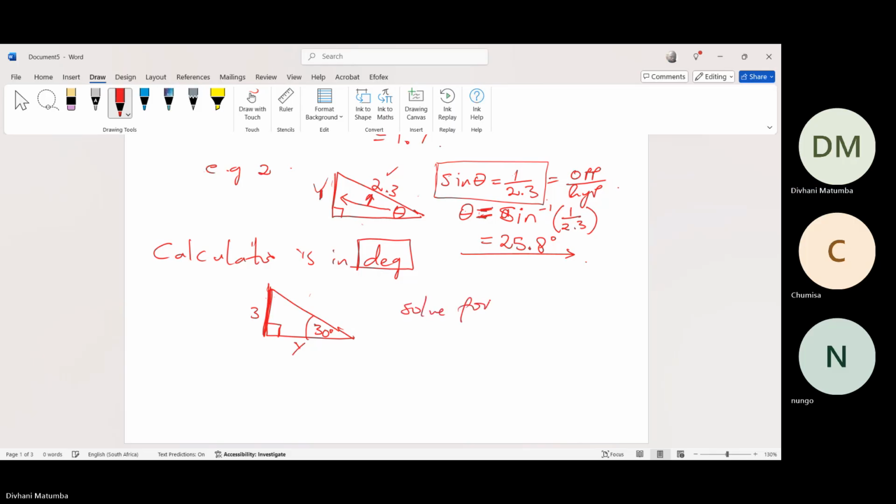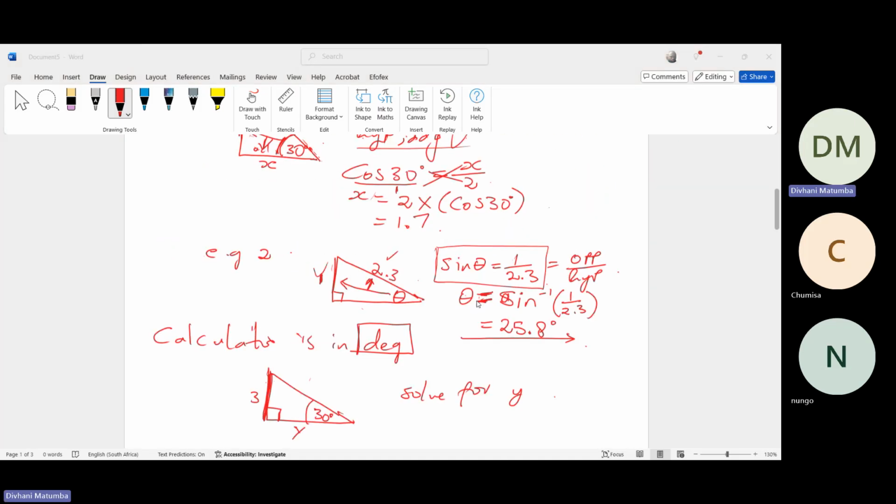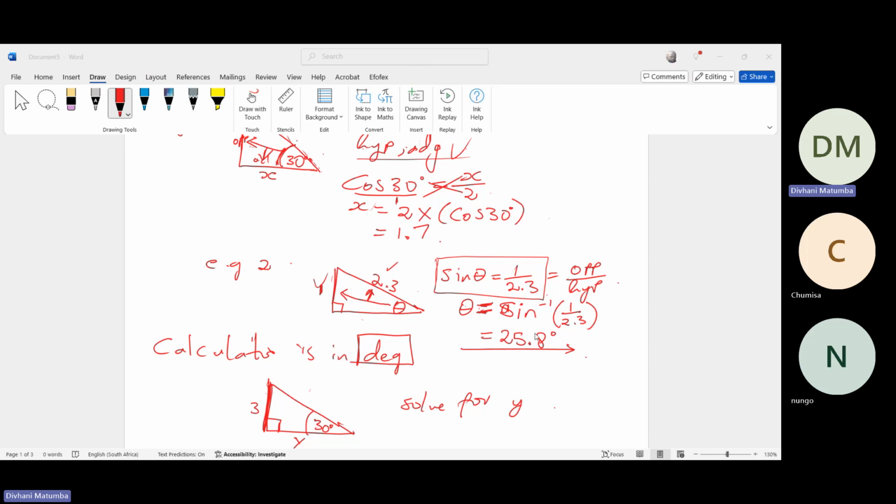Solve for y. Nungo, which co-ratio can we use in order to solve for y?